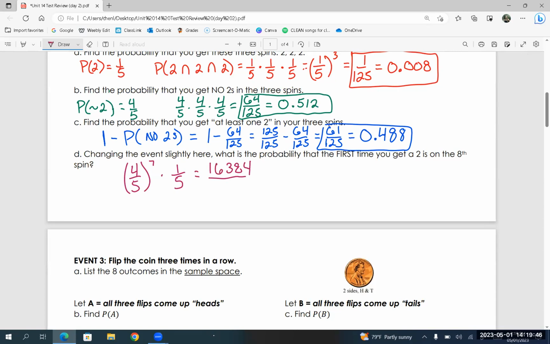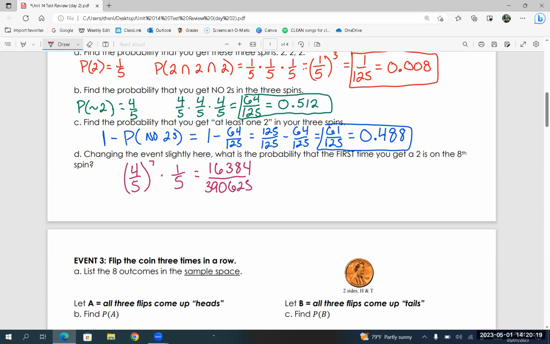All divided by, and so multiplying that times 1, it's still the same thing. And then we have 5 to the power of 7. So 5 to the power of 7 would be 78,125 times another 5, because we're multiplying by the 1/5, would give us 390,625.